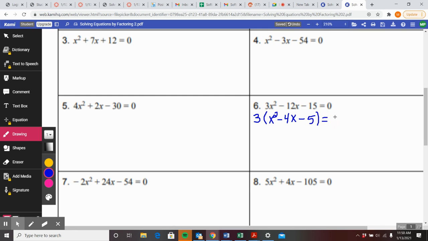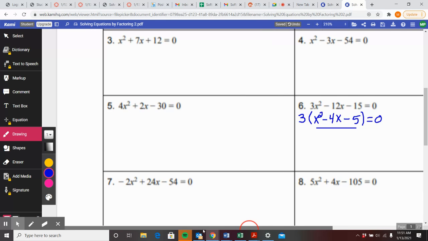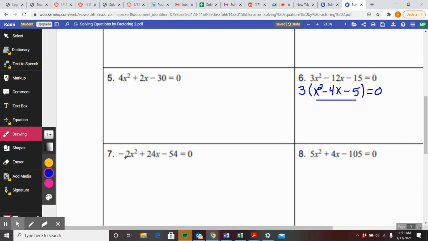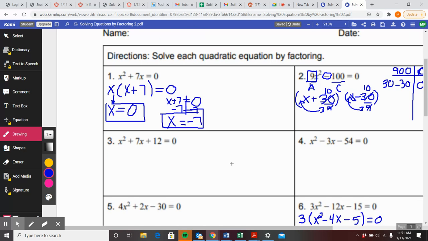And then you're going to factor this. Don't even pay attention to the 3. Same with 7. 2, 24, and 54 are all multiples of 2. And don't do 7. I haven't talked to you about negatives yet.